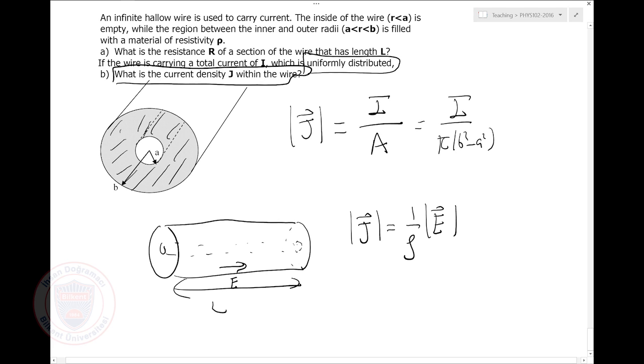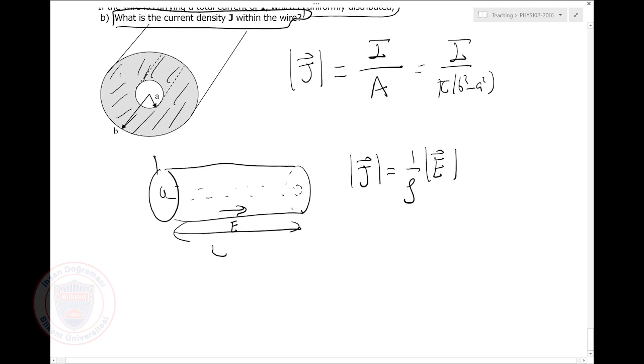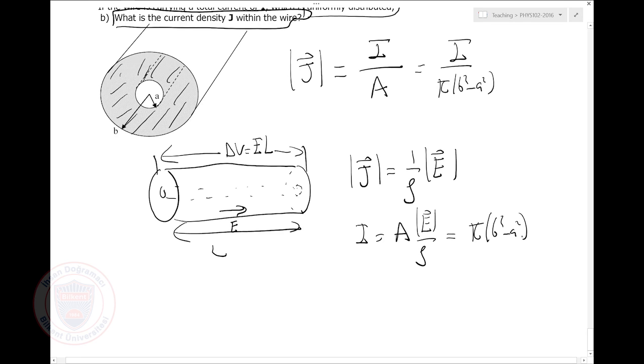If I have electric field E, what is the potential difference between the two ends? It will be E times L. If J is E over rho, what's the current? It will be A times E magnitude over rho. So this is going to be pi (B squared minus A squared) times E magnitude over rho.